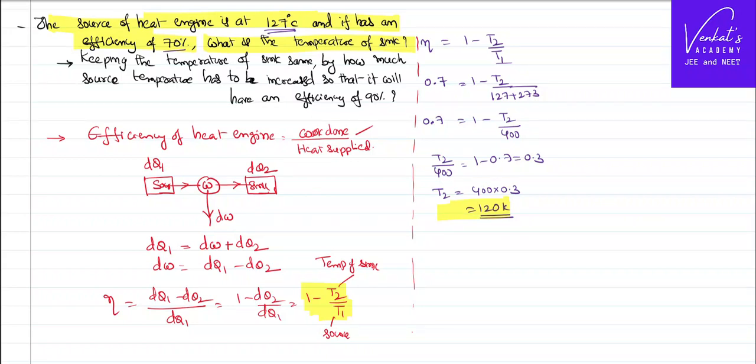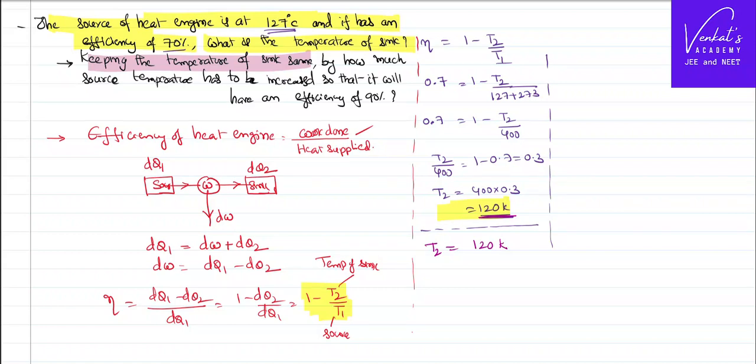Now we have to go to the second part of the problem. What the second part of the problem says is, keeping the temperature of the sink same. That means in this problem also, the temperature of the sink is what you got in the previous case, 120 Kelvin.